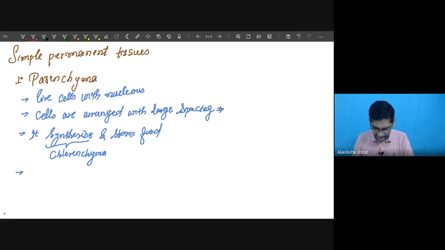Larger spacing, so air is trapped, so there is an air cavity.